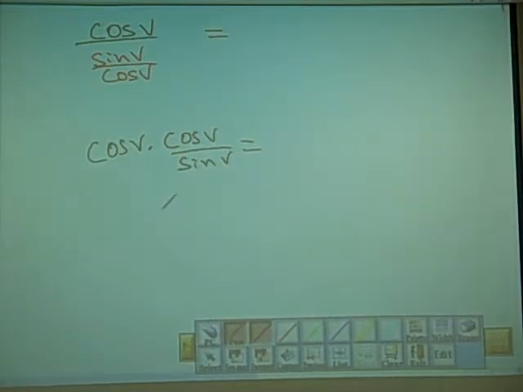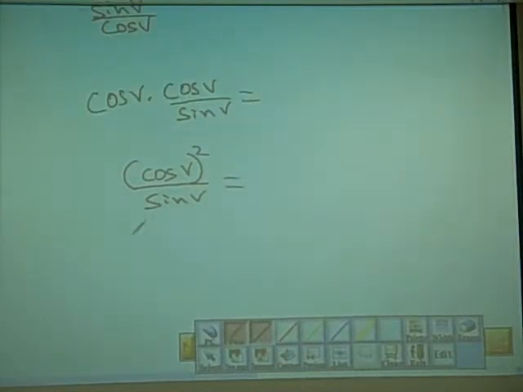And so that's going to give us cosine v squared over sine v, which is the same thing as cosine squared v over sine v.